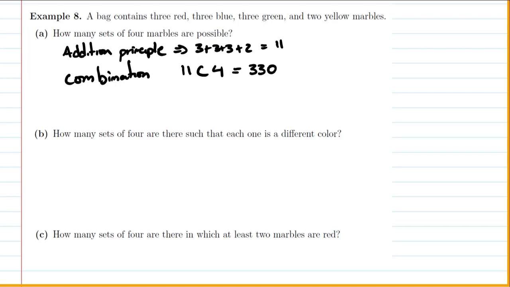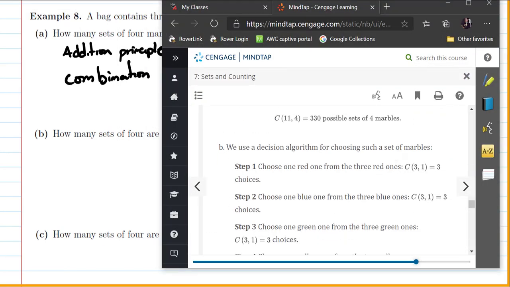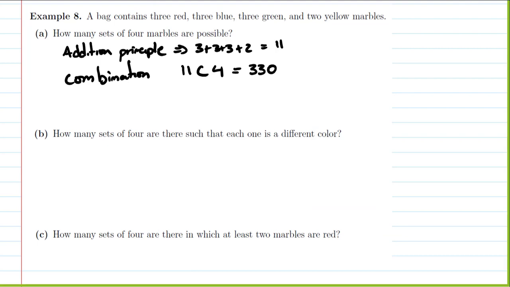So what are our possibilities? Well, what do we need to do? So in order for our set to have 1 of each color, what needs to be true? So we're picking 4 marbles, so how many stages are we going to have? 4, right?